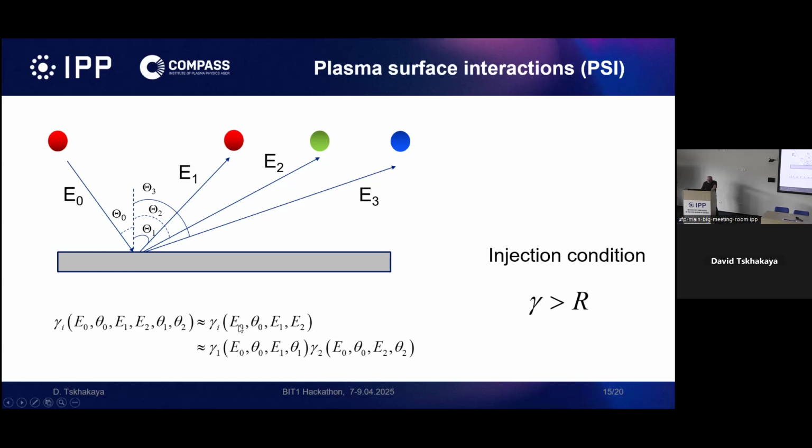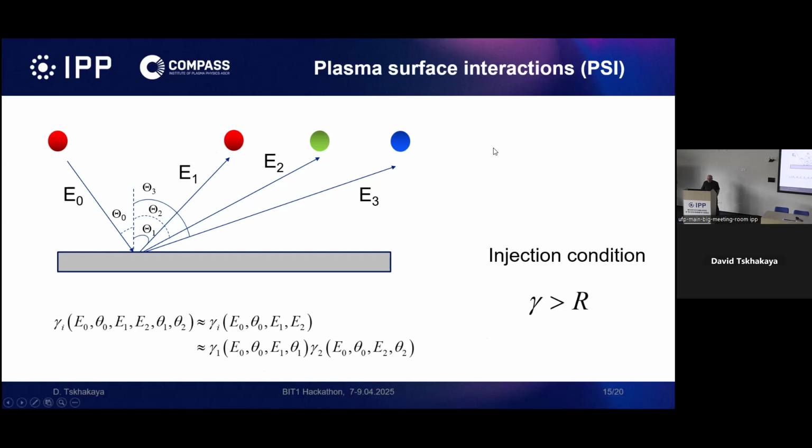So it depends on the energy of the initial particles and the energy of the outgoing particles. In most cases, it's simply a multiplication of separate particle emission probabilities. So if you have a probability of emission for reflection, it's a reflection coefficient, and if you have some recycling, you have a recycling coefficient for this, and you assume there is no correlation between them. This is the main assumption.